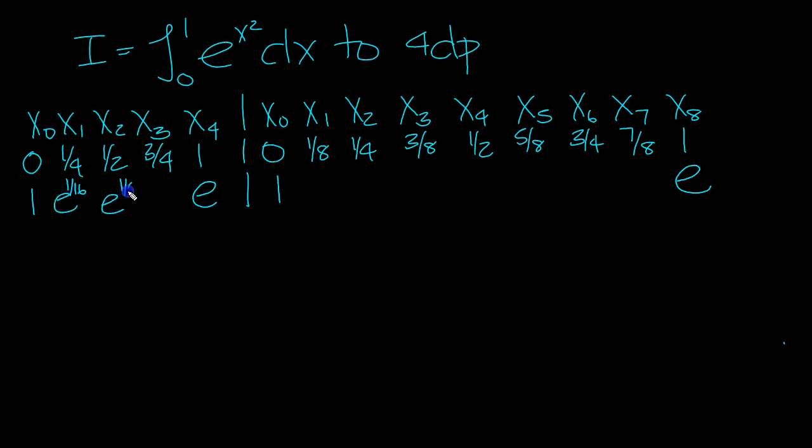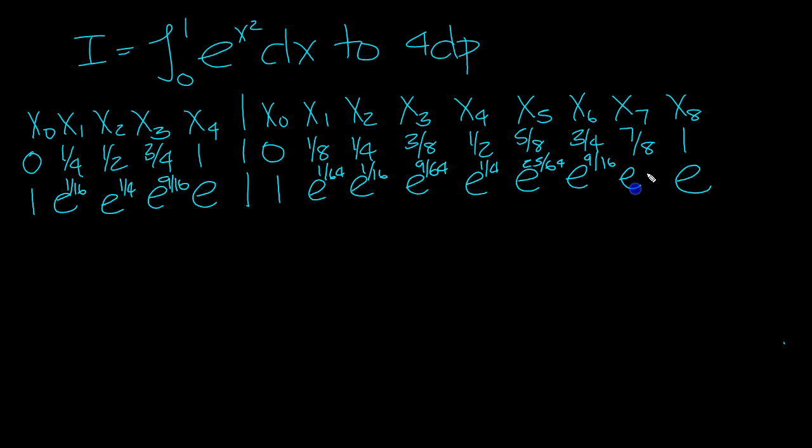Squaring, a quarter gives 1 over 16, 9 sixteenths gives 9 over 64... a half gives 1 quarter, then 25 over 64, 9 sixteenths, and 49 over 64.